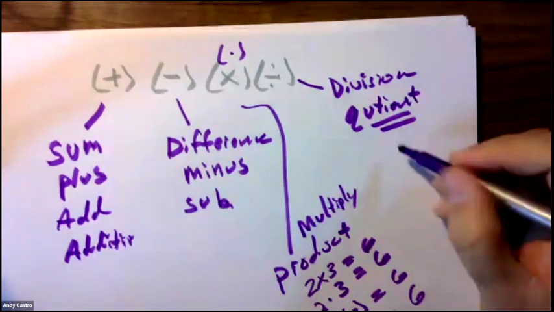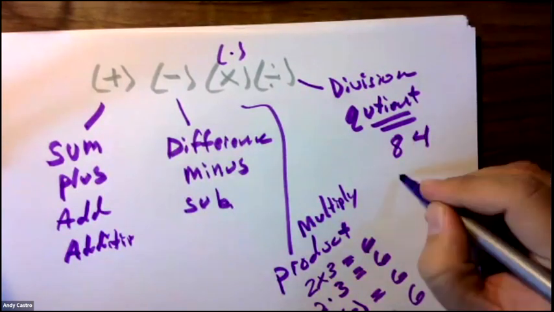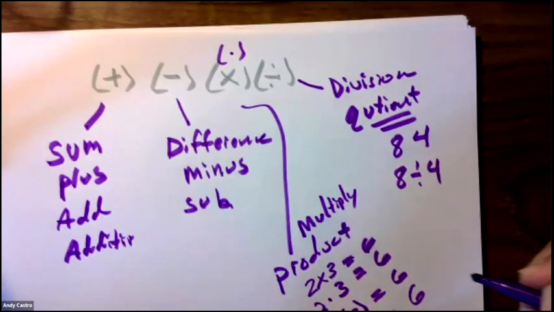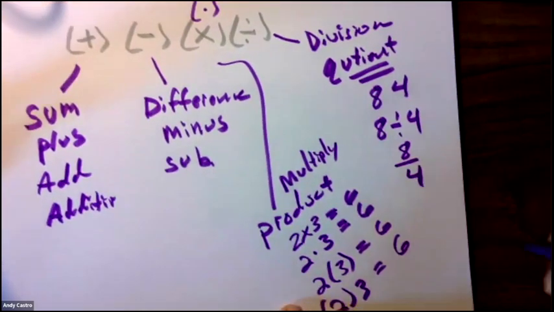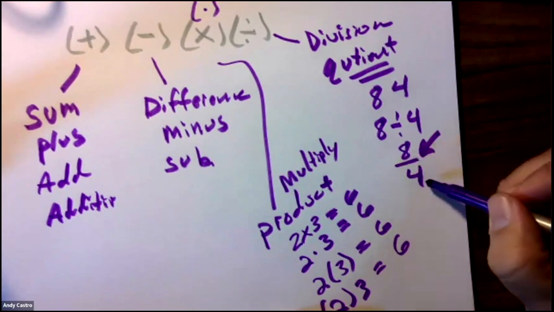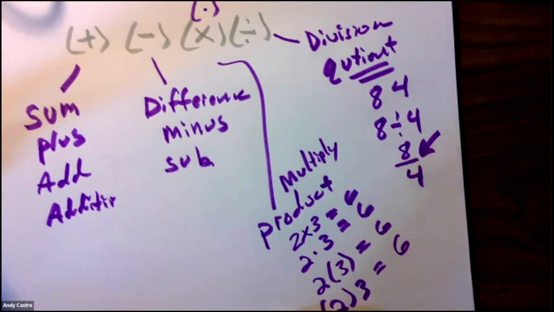Okay, the quotient of 8 and 4. What does that mean? Well, that means 8 divided by 4. And I can rewrite that as 8 over 4, right? That line right there in a fraction means 8 divided by 4. That line is called a vinculum.